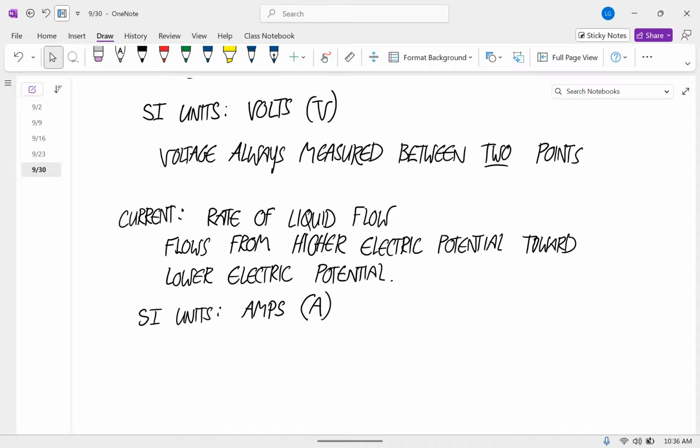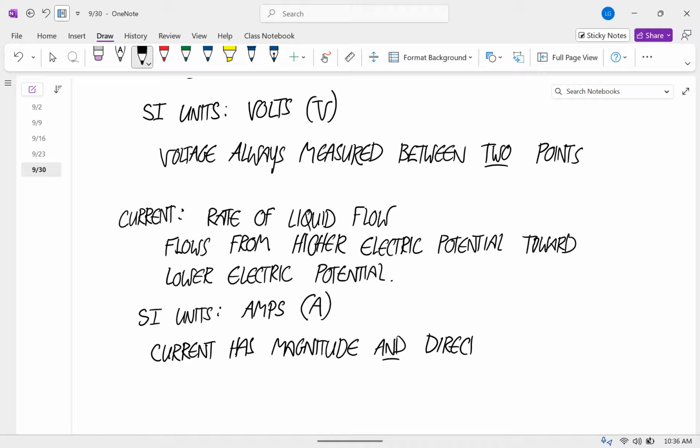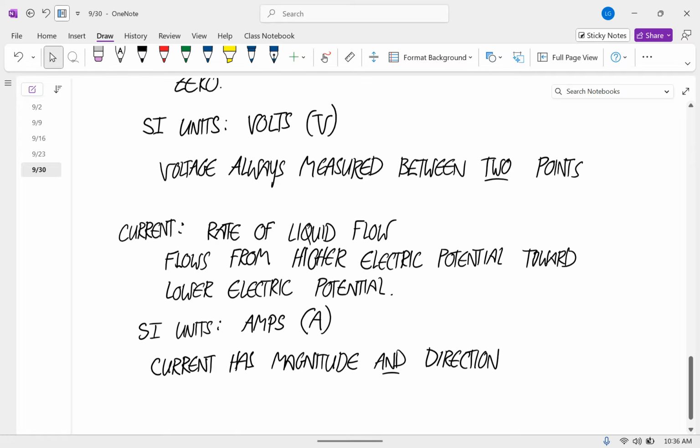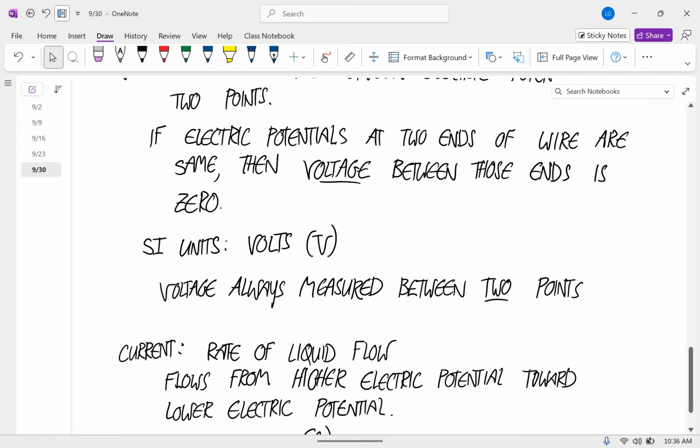And notice that current has a magnitude and a direction. So in most electronics, it's not enough to just know how much electricity is flowing, to know the magnitude of the current.